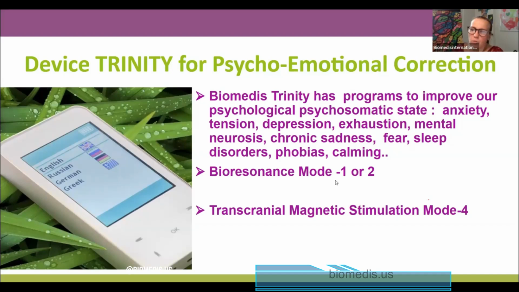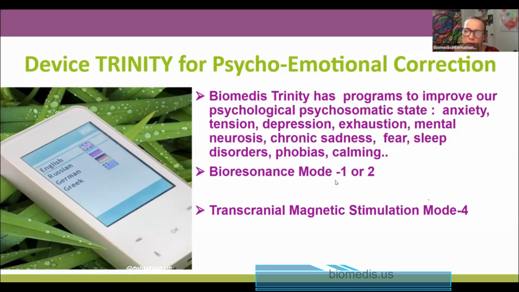Biomedis Trinity has programs to improve your psychological, psychosomatic state, relieve anxiety, tensions, depression, exhaustion, mental neurosis, chronic sadness, fears, sleep disorders, phobias, calming. The first program we recommend when you just get your device is the anti-stress program, and it's for a reason. This is the number 1 program to use to even start to heal any chronic condition.